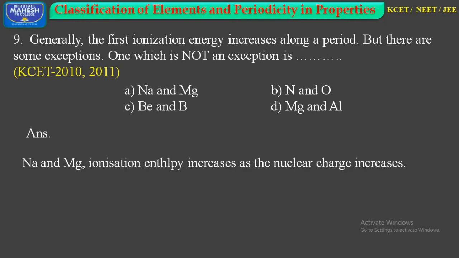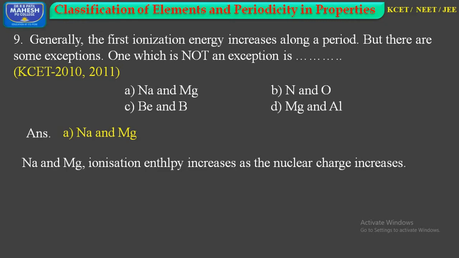So the right answer is sodium and magnesium, because ionization enthalpy increases across the period as the nuclear charge increases and atomic size decreases. So option A is the right answer, which follows the general trend.